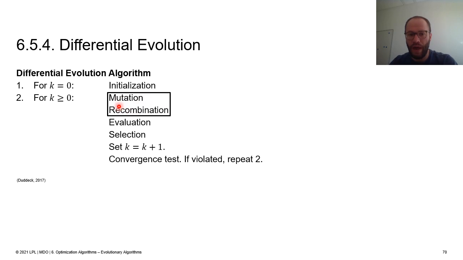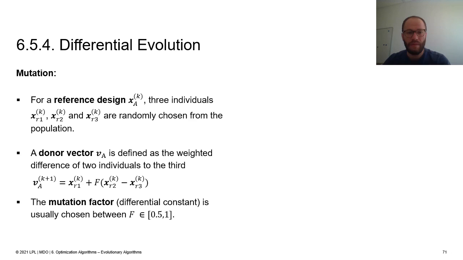Afterwards you have now a mutation and recombination or crossover step here. With respect to mutation, we first choose a reference design, XA. So this reference design is chosen out of our population, so it's one individual out of it, and additionally we choose 3 individuals out of the population.